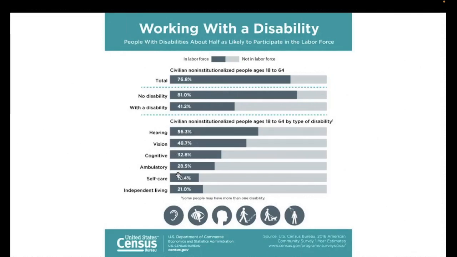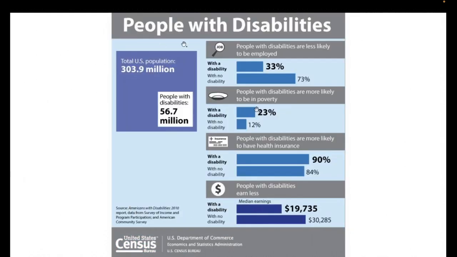We know different types of disabilities: hearing, vision, cognitive, ambulatory, self-care, and this is the breakdown of this percentage. And this is how much disabled people work. I'll share this presentation file with you.